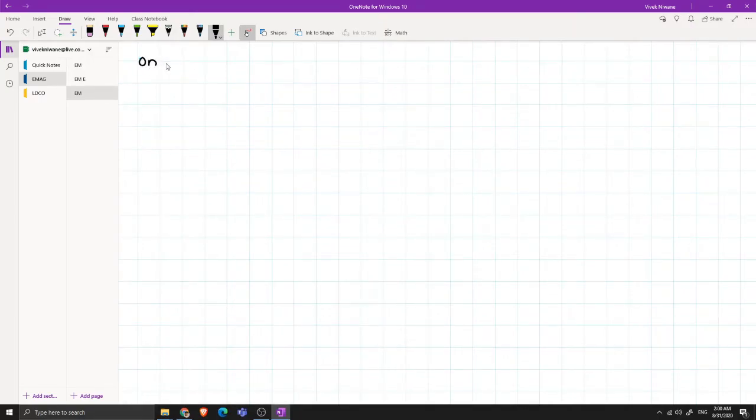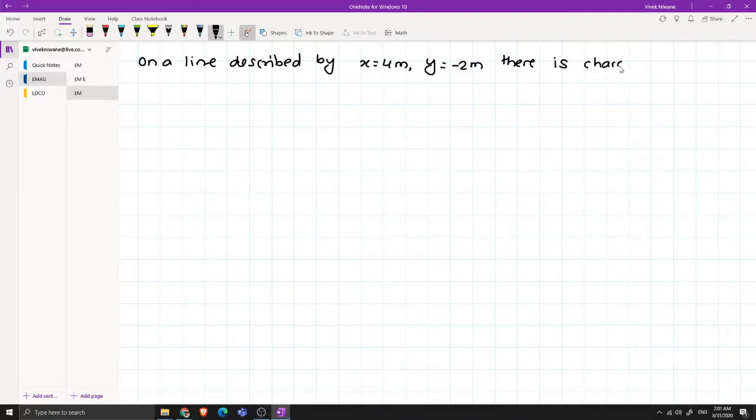On a line described by x is equal to 4 meter, y is equal to minus 2 meter, there is a charge distribution of density 10 nanocoulomb per meter.